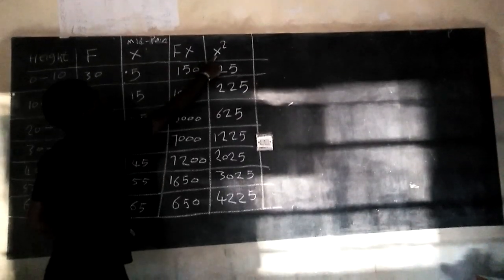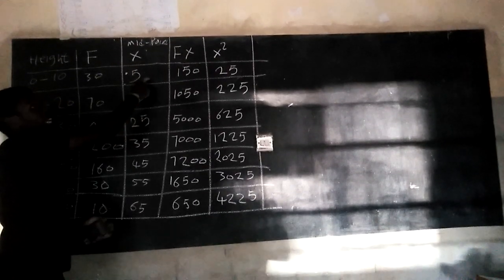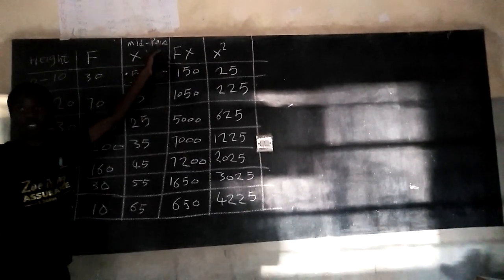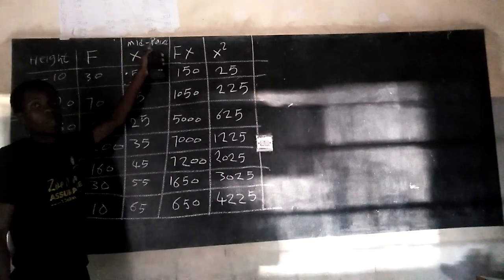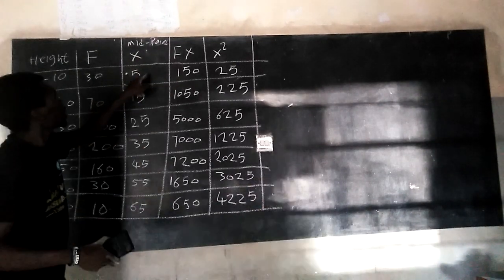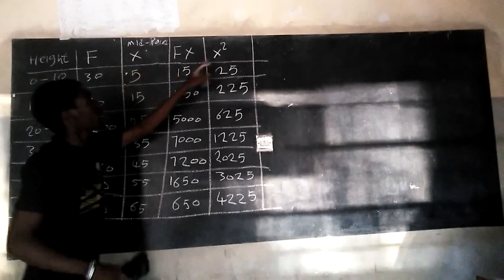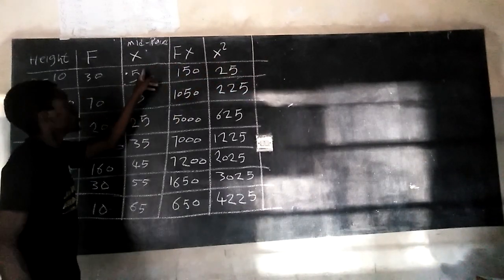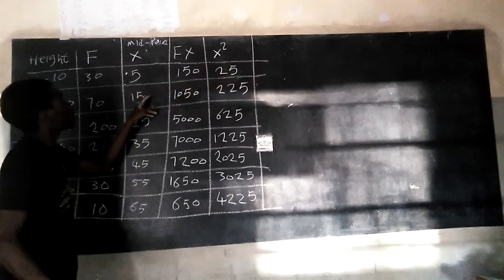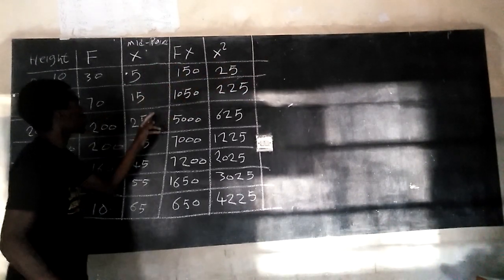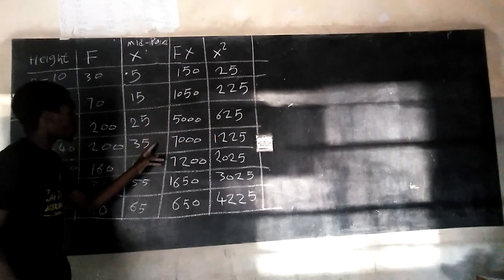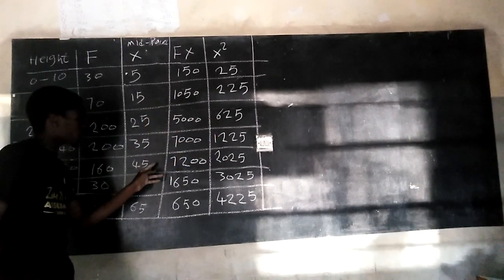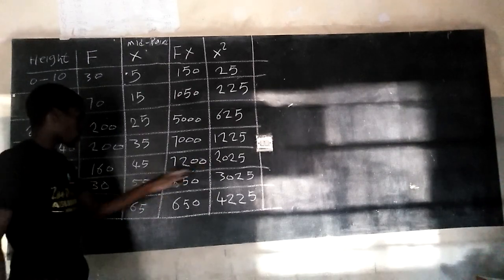Here we have x, and x simply means the midpoint, the way I've denoted it here. Our x is 5, so 5 is squared, 15 squared, 25 squared, 35 squared, 45 squared, and 55 squared, one after the other.